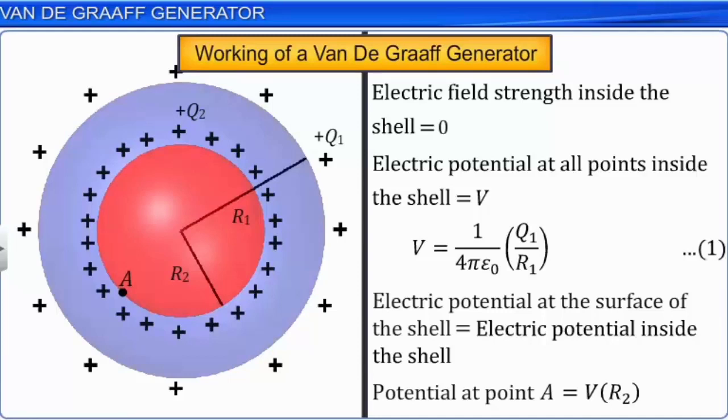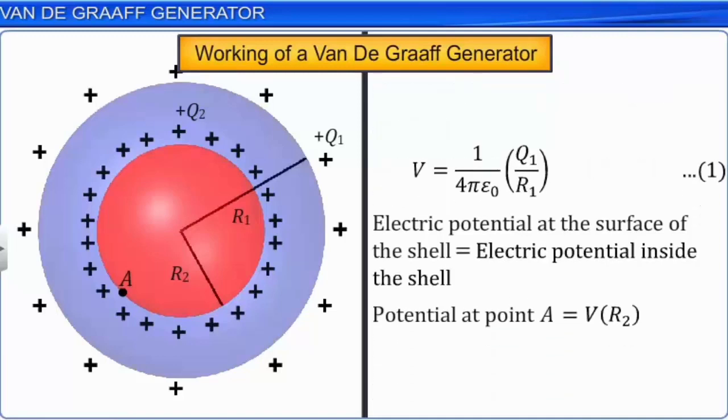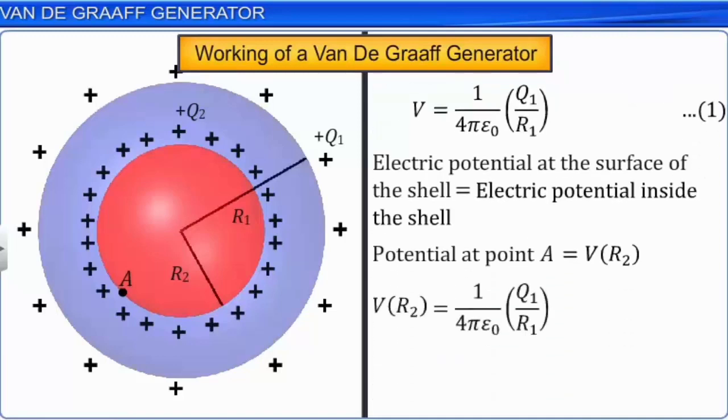This potential is due to the charge on both the spheres. Then VR2 is equal to 1 by 4 pi epsilon naught Q1 by R1 plus 1 by 4 pi epsilon naught Q2 by R2. Here, 1 by 4 pi epsilon naught Q1 by R1 is the potential due to the charge on the outer sphere. And 1 by 4 pi epsilon naught Q2 by R2 is the potential due to the charge on the inner sphere.